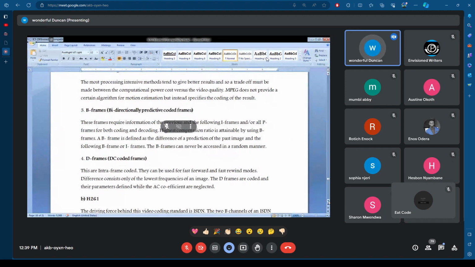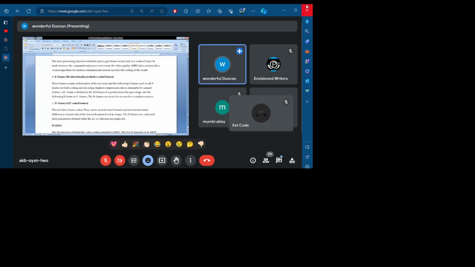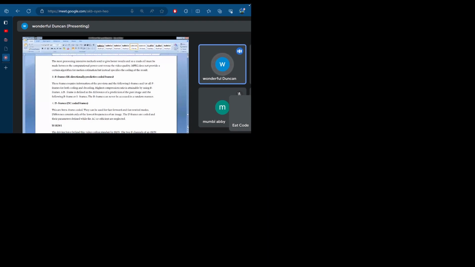So this one, the B frames, is going to require the information of the previous frames, then the I-frames, and all of the predictive frames, so as to code and decode.